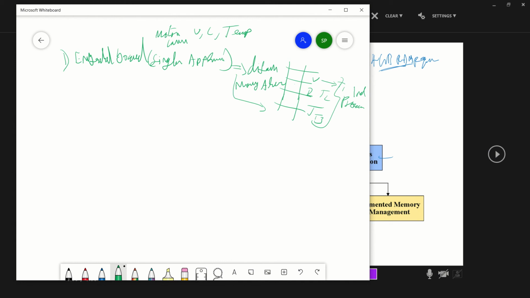The OS based memory allocation is completely different. But assume an ATM machine, which nowadays runs an RTOS, a real time operating system, where we allocate different processes. Assume it runs process 1, process 2, and process 3.